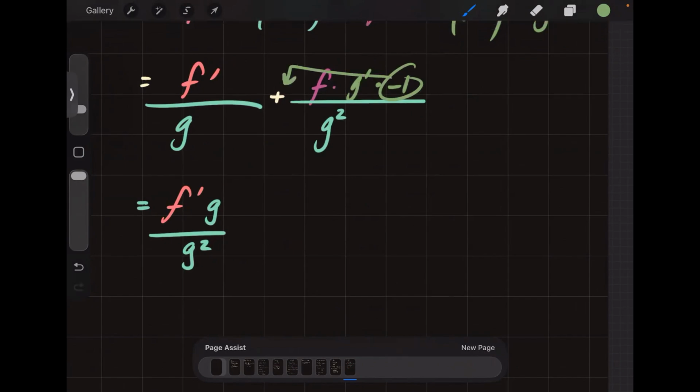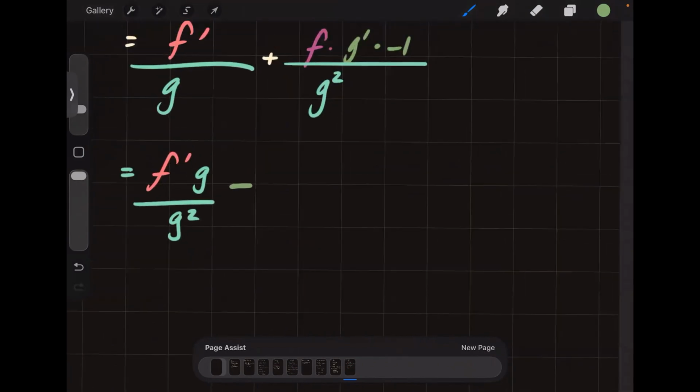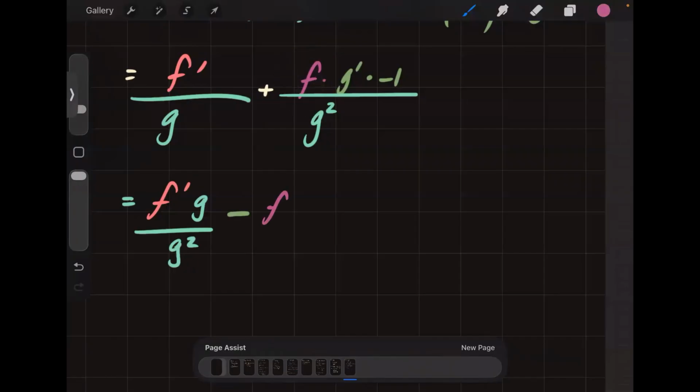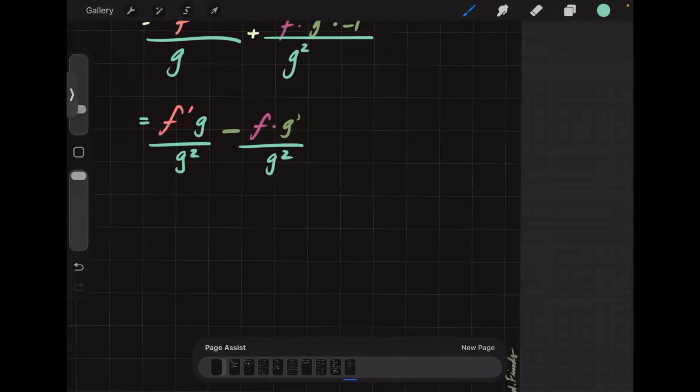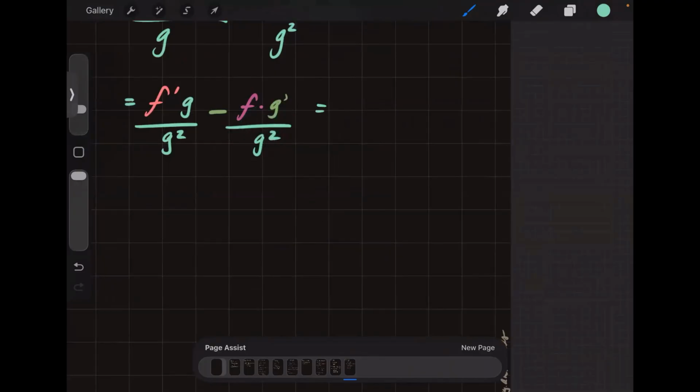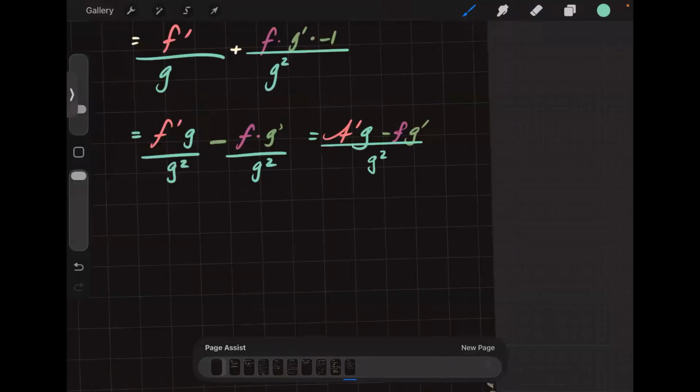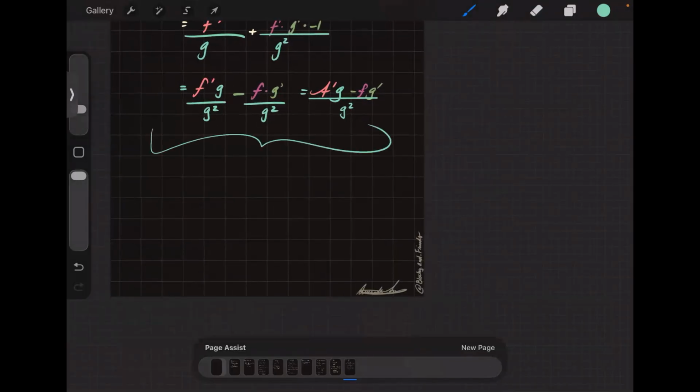So you can turn this into a minus sign. Minus f times g prime all over g squared. And then all of a sudden, you have f prime g minus f g prime. Again, this is all being multiplied all over g squared. And congratulations, you have discovered the quotient rule.